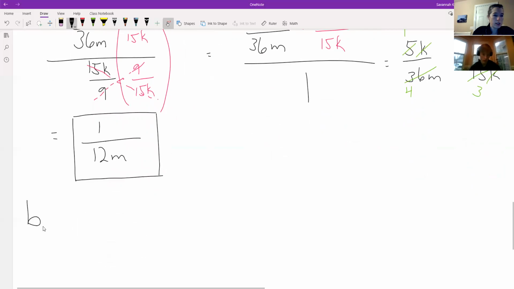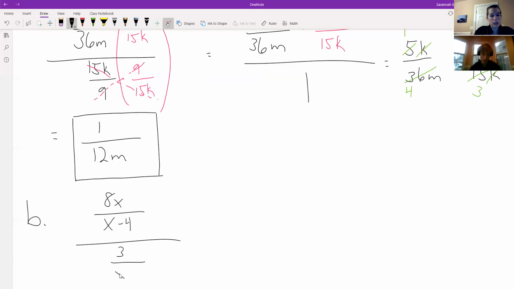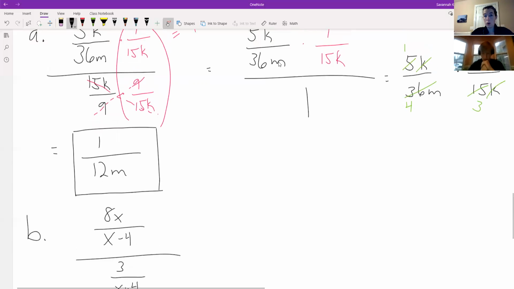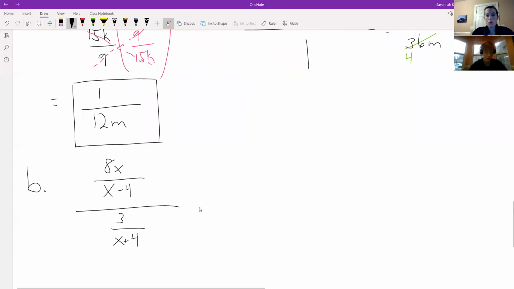All right, part B, it's still going to be one little fraction on top over one little fraction on the bottom. It's just that the fractions look a little bit weirder. They've put a subtraction problem as the denominator of a couple of fractions. If we want to, now that we've seen one example with variables, we can go ahead and do this a bit more streamlined.